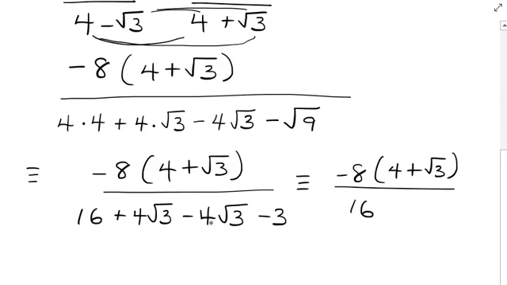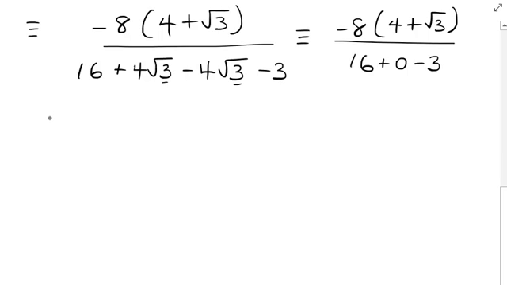4 root 3 minus 4 root 3. Yes, we can simplify that because we have similar radicand, root 3, root 3. So because we have the similar radicand, we can simplify. And that will be 4 minus 4, which is 0. So that expression becomes 0, then our minus 3.